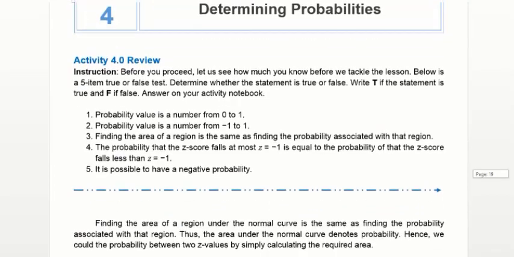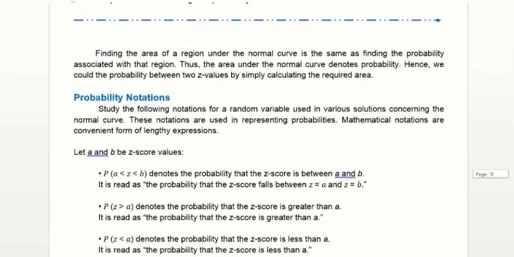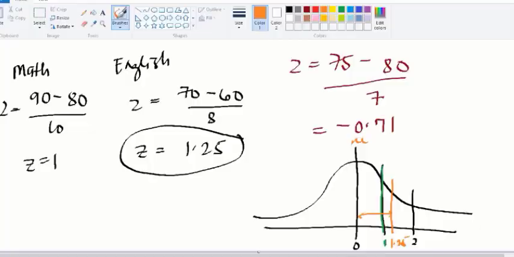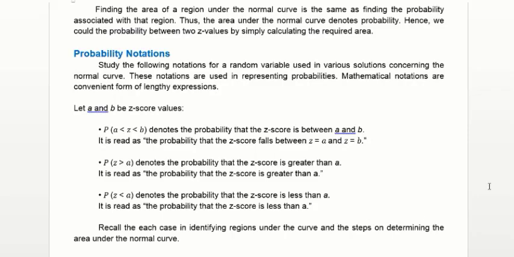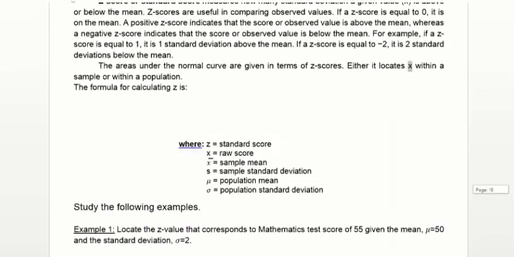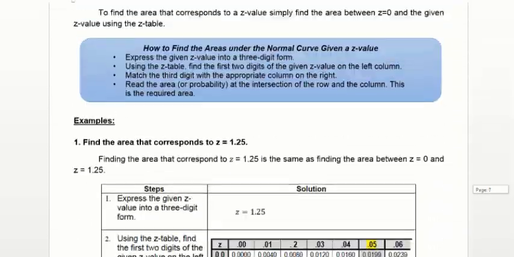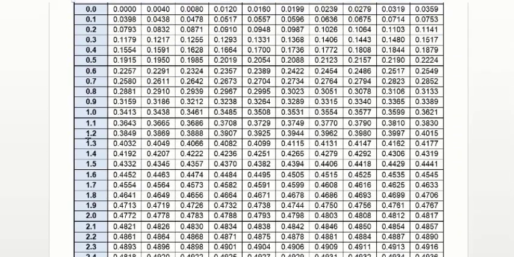So, let's go to the fourth lesson, determining probabilities. Finding the area of a region under the normal curve is the same as finding the probability associated with that region. For example, itong 1.25. Kung titingnan natin yung area niya doon sa Z table, this is page 19. So, 1.2, tapos 0.05.